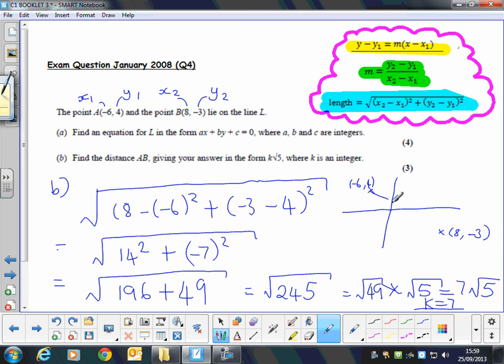If I join those two up, I can then use Pythagoras' theorem to work out the length of AB. At the bottom here, this length's 14, and over here, this length's 7. So to work out the length of AB, I can do 7 squared plus 14 squared, and then square rooted, which will give me the same answer of 7 root 5.